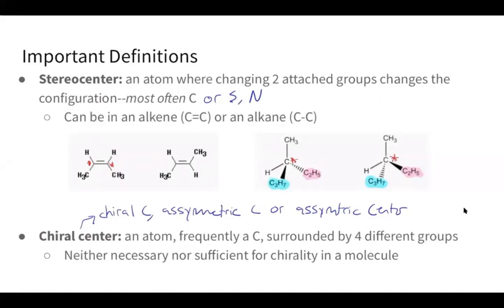So remember, in our example that we just talked about up here, the example on the right, these two carbons with the asterisk are both stereocenters, as we talked about, but they are also chiral centers because they are surrounded by 4 groups which are not the same. We have an H, a methyl group, a C2H5, and a C3H7. So that's 4 different groups.